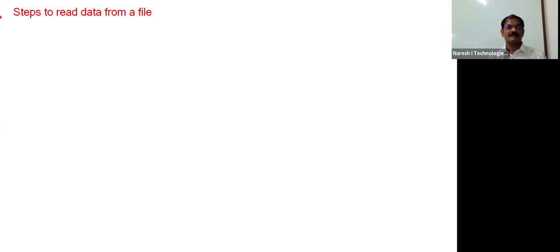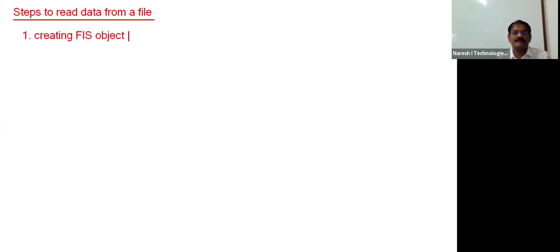How many steps are there? Same 4 steps. Number 1, create FIS object by passing file name as argument.